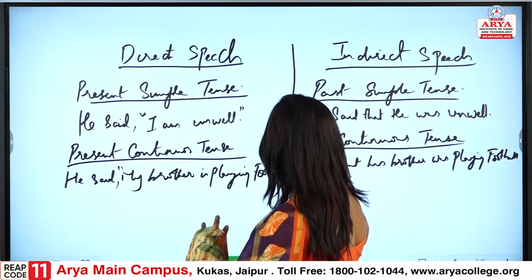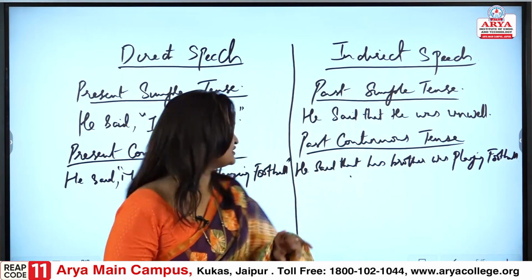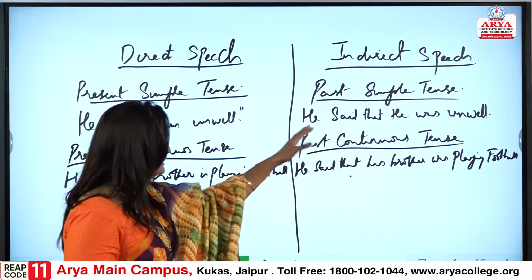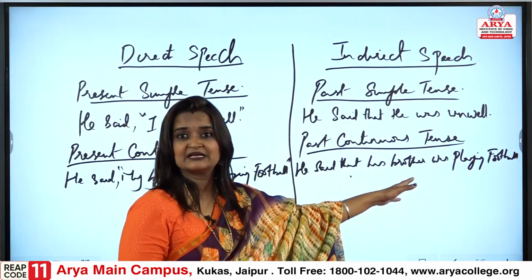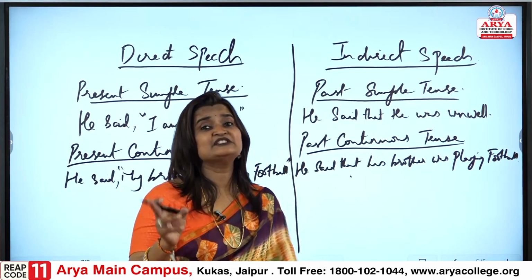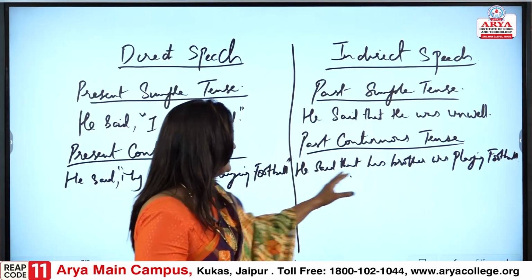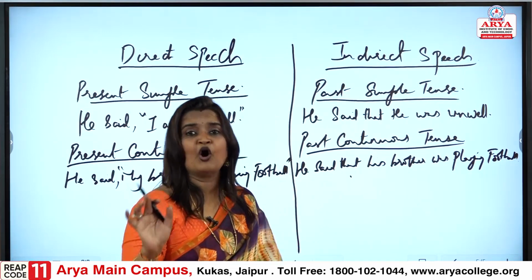Present continuous tense changes to past continuous tense. How will we change it? This way. He said my brother is playing football. This present continuous changes to past. He said that his brother was playing football, because in direct speech some second person or third person is talking.